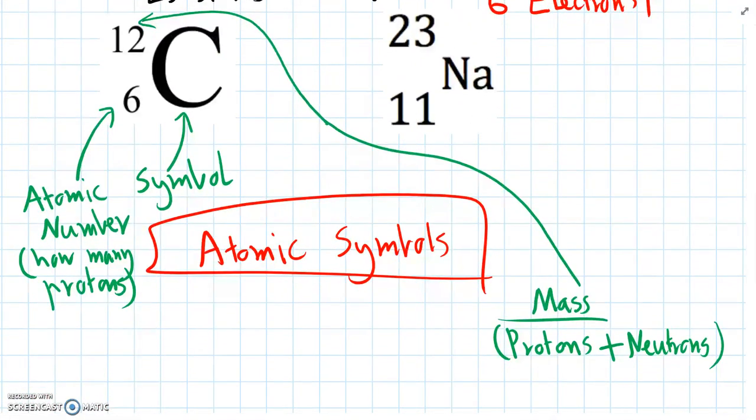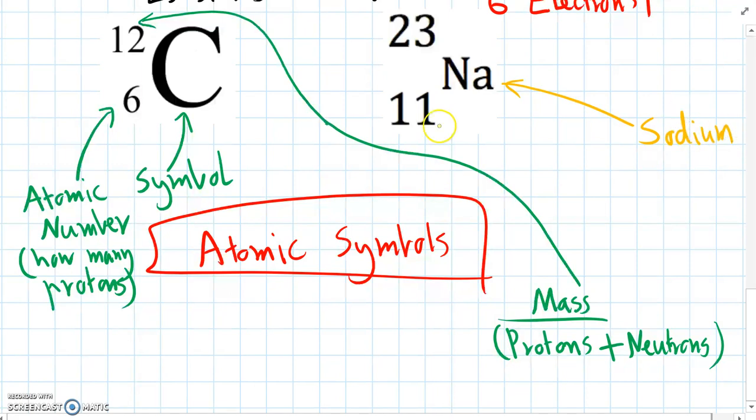Here's a different element though. Let's compare it to Na. So Na is sodium. And we can see sodium's atomic number is 11. So it must have 11 protons in its nucleus. And we can see up here, the mass of sodium is 23.